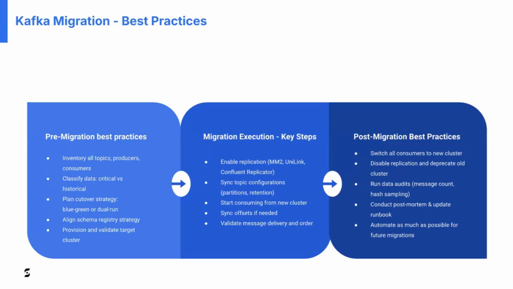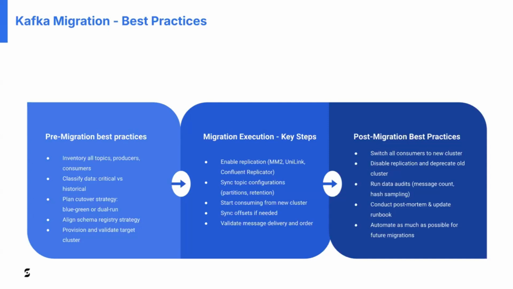Also, you should decide early on your cutover strategy, right? Maybe you can use a blue-green strategy, a dual run strategy, or a progressive migration. Blue-green is when you run the new environment in parallel, then switch traffic once the new one is ready. Dual run is when both clusters run and consume the data in parallel, and you compare the outputs until confident.